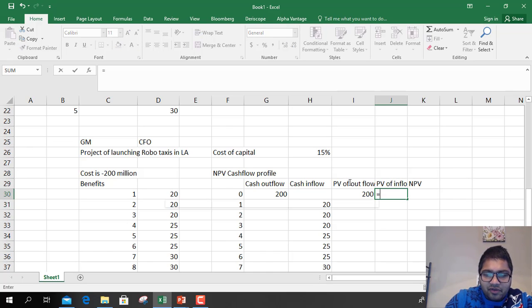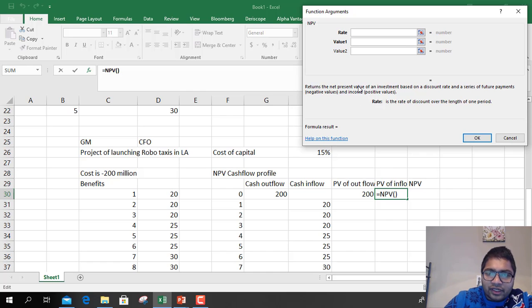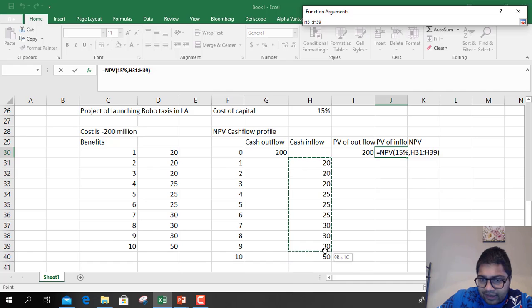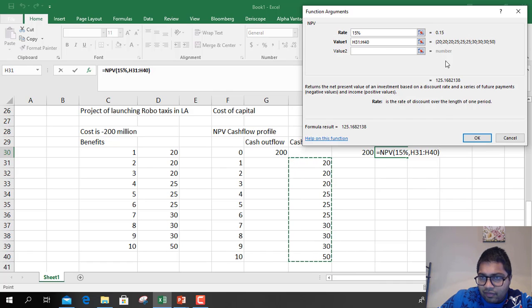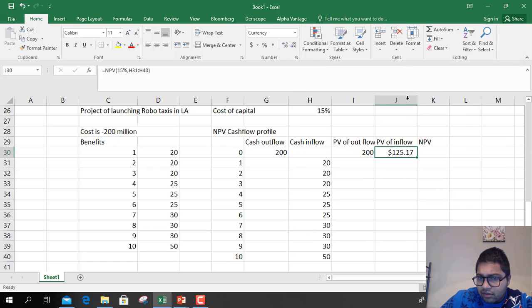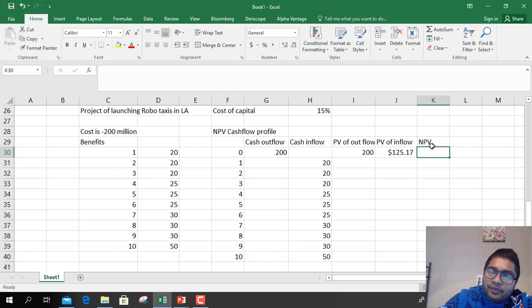We will use the NPV function, net present value. Rate of return, 15%. Values: start with 20 and drag it down. So the present value of inflows is 125 million.